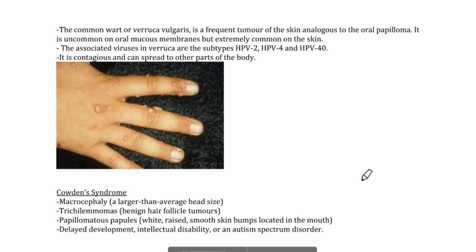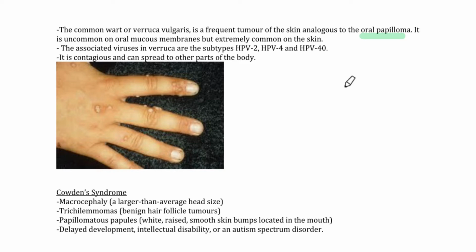There is something called common wart or Verruca vulgaris. This is a frequent tumor of the skin analogous to the oral papilloma. It is uncommon in oral mucous membranes but extremely common on the skin. These look like oral papilloma clinically, but are not found on the oral mucous membrane; they can be found on skin.